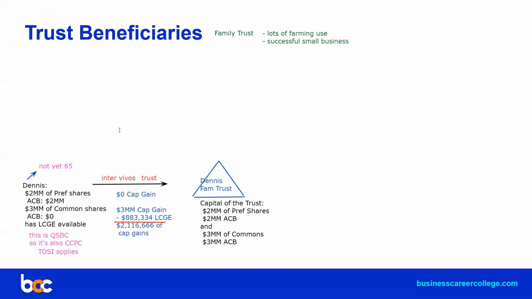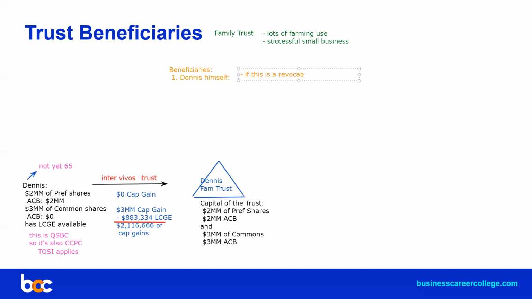Okay. So now we're going to name some beneficiaries of the Dennis Family Trusts. My first beneficiary is going to be Dennis himself. Okay, and I'm going to name Dennis as a beneficiary, but I have to be careful here, okay? This cannot be what we call a revocable trust.